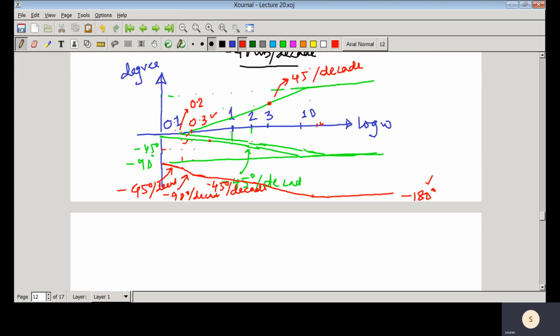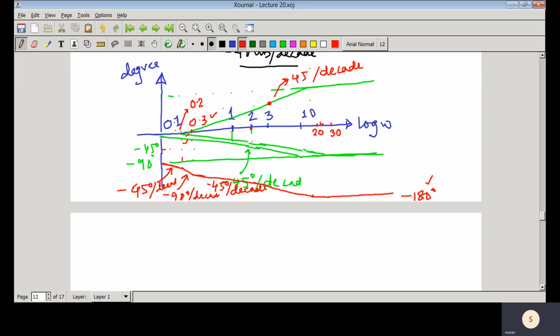It is not, because one decade after these two, that would be 20, and the other frequency one decade above, that would be 30. I said it is 11 and 13, so please ignore that. So this is 20 and 30.